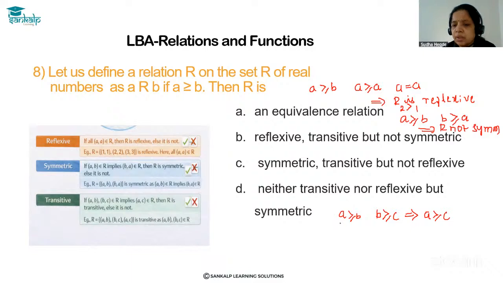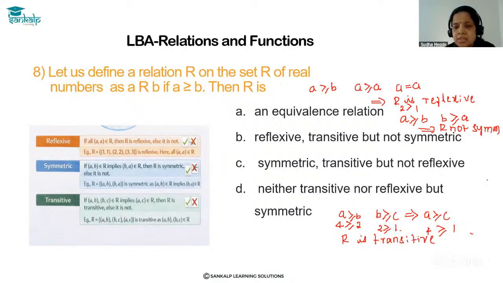Take one example. 4 is greater than or equal to 2, 2 is greater than or equal to 1, then 4 is greater than or equal to 1, correct? So R is transitive.